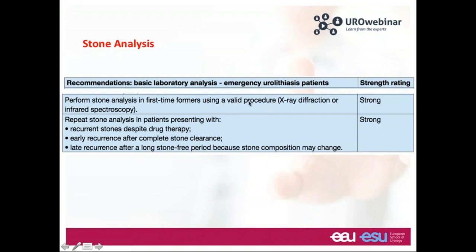By using a valid procedure, X-ray diffraction or infrared spectroscopy are the most common diagnostics that we do. But you also have to repeat the stone analysis in patients presenting with recurrent stones despite drug therapy, or in those patients with an early recurrence after complete stone clearance, or with a late recurrence after a long stone-free period, because stone composition may really change.